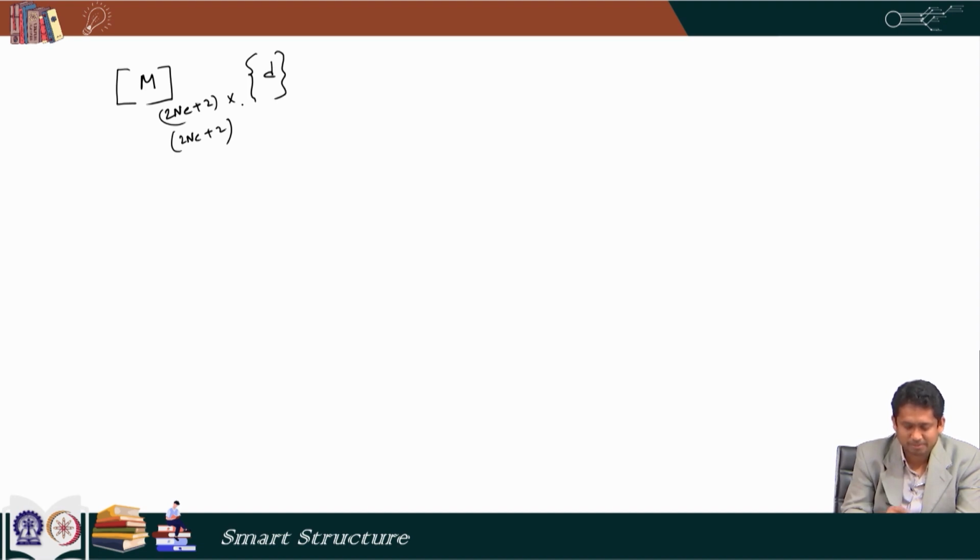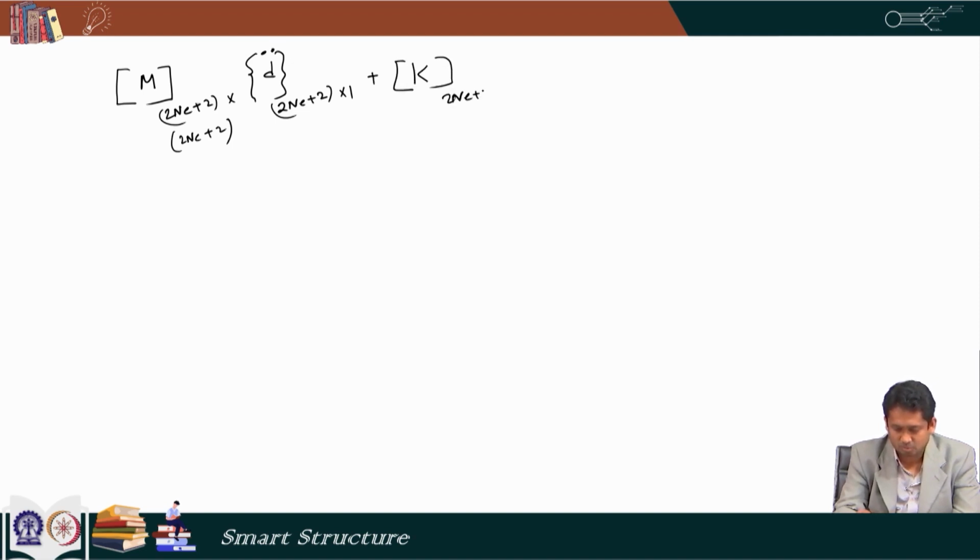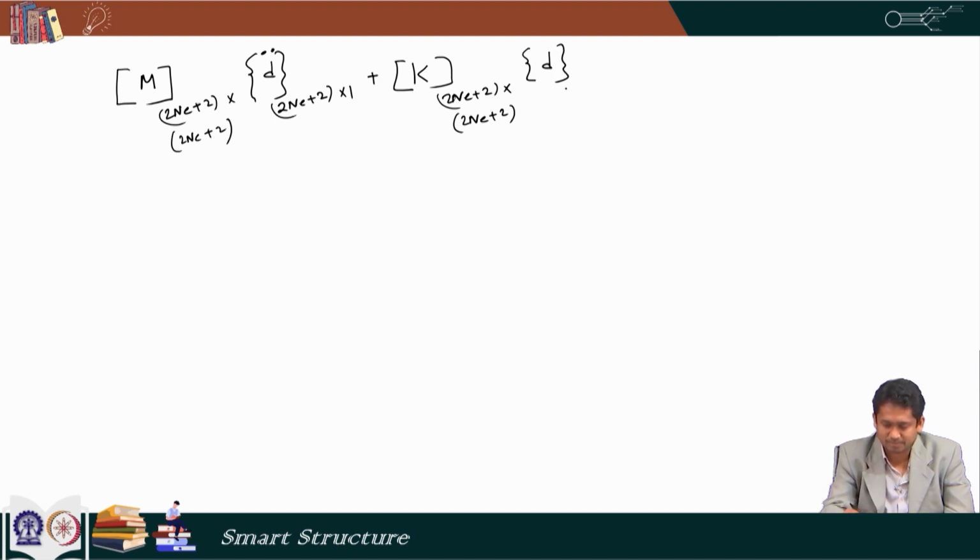Then the global displacement vector, which is of size 2ne plus 2 multiplied by 1, I have a double dot here, then plus the global stiffness matrix again 2ne plus 2 multiplied by 2ne plus 2, and that is multiplied with the d vector, the degree of freedom vector, which is of size 2ne plus 2 multiplied by 1, and that is equal to a right hand side force vector which is of size 2ne plus 2 multiplied by 1.